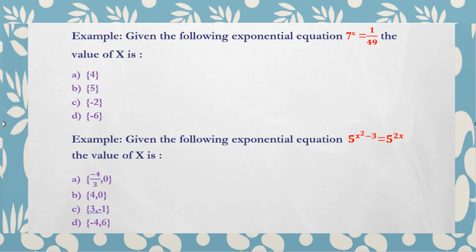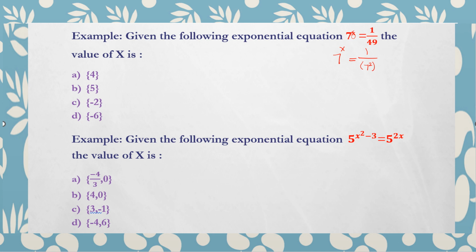Another example: given the following exponential equation, x power 7 equals 1 over 49. We need to find the value of x here. First, we have to make the bases equal. So we have to transform 49 into 7 power 2.